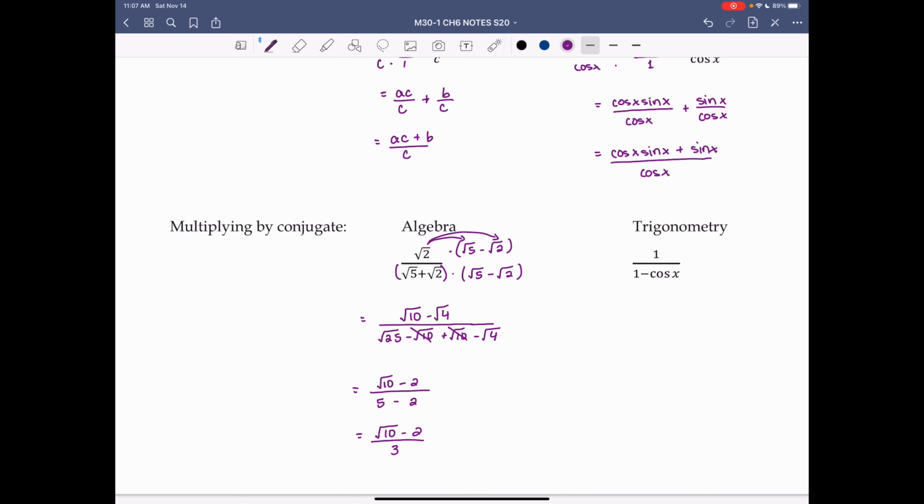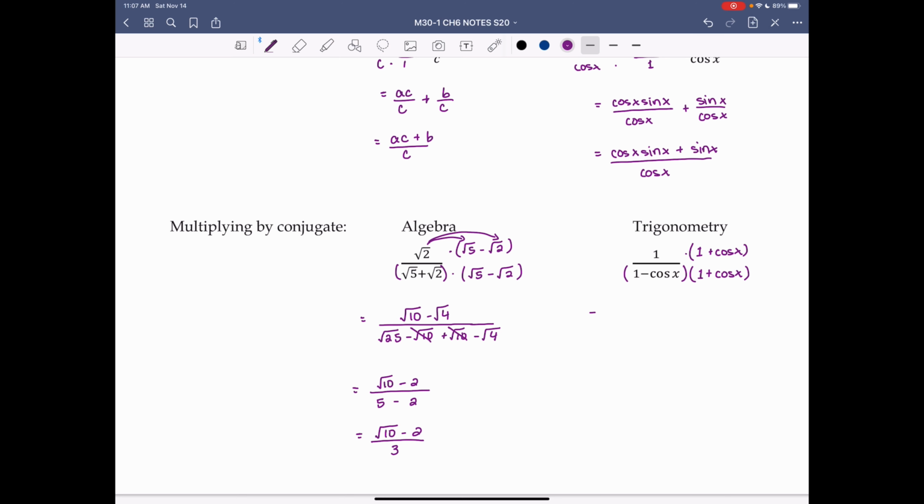A trig expression, 1 over 1 minus cos x. Multiply by the conjugate, 1 plus cos x, and on the top as well, 1 plus cos x.